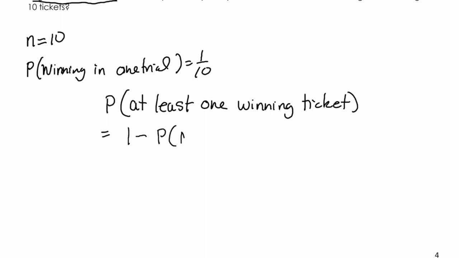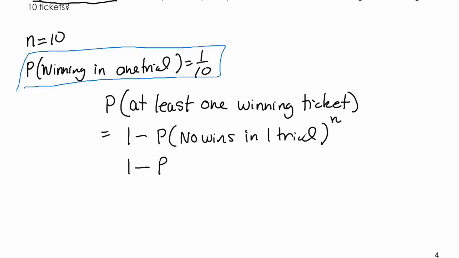The second formula says I'm going to take 1 minus the probability of no wins in one trial, and then I want to raise that to the number of trials. The information that was given to me is that in one trial I have a 1 in 10 chance of winning.